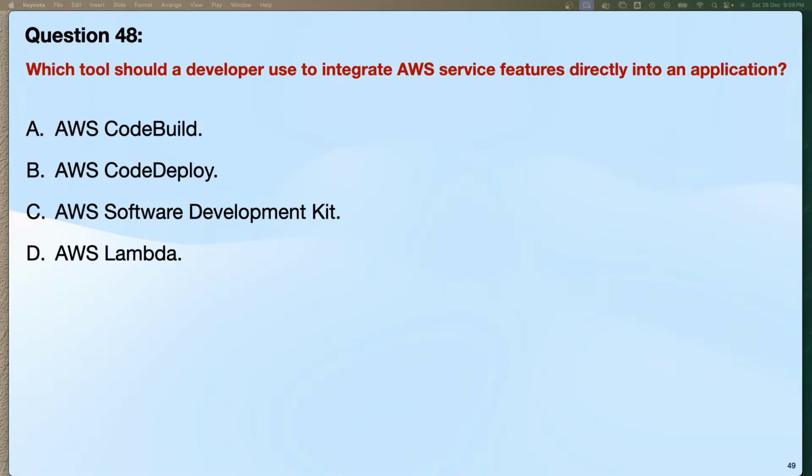So remember, the AWS software development kit, SDK, is the appropriate option to directly integrate AWS service features into another application. AWS CodeBuild and CodeDeploy are DevOps services, right? And AWS Lambda is a serverless scalable compute service. So the answer is C here.